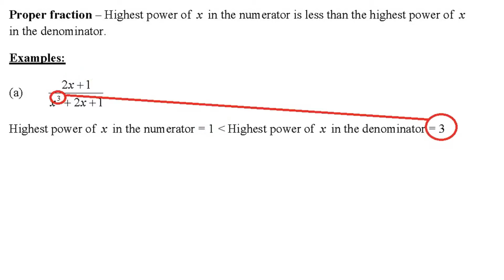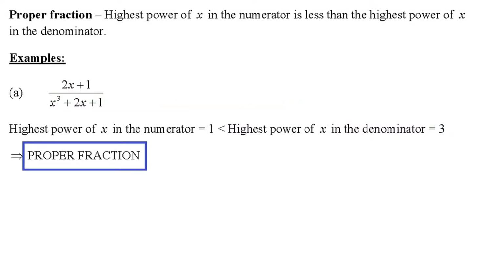And the highest power of x in the denominator is 3. So we have an x cubed term where the highest power is 3, and as you can observe, the highest power of x in the numerator is indeed less than the highest power of x in the denominator. So in this case we have a proper fraction.